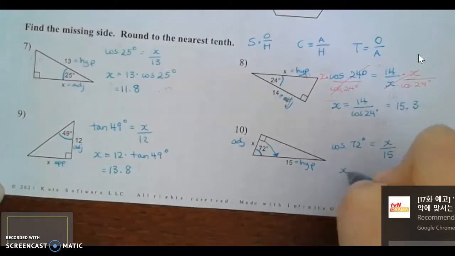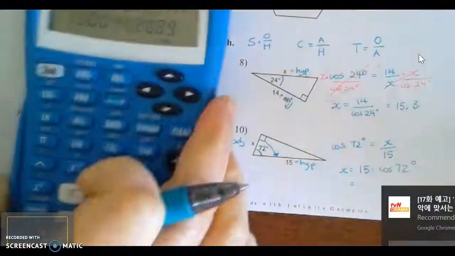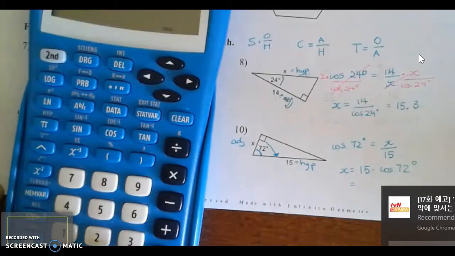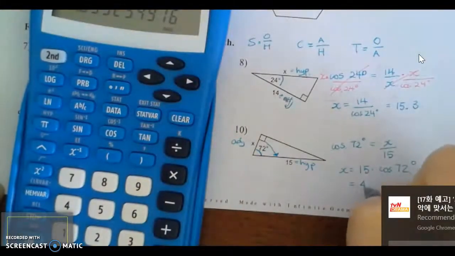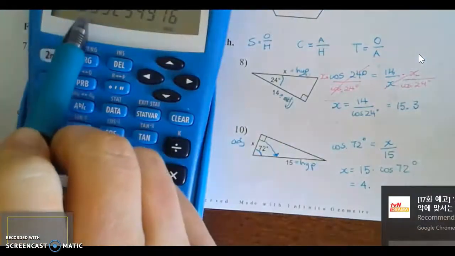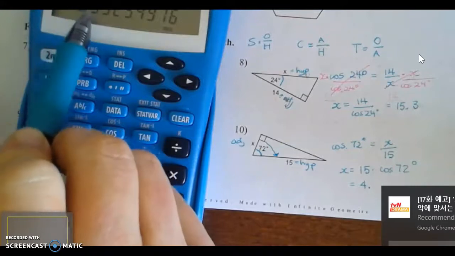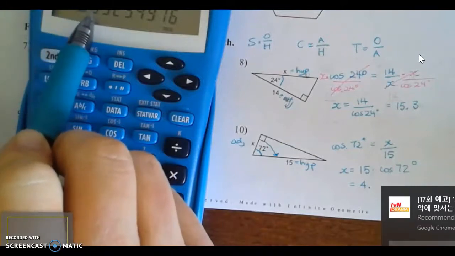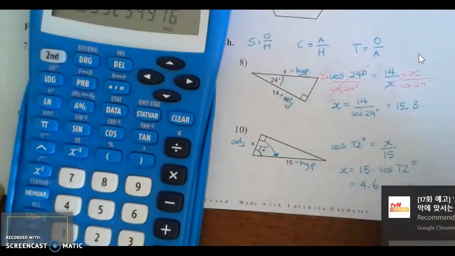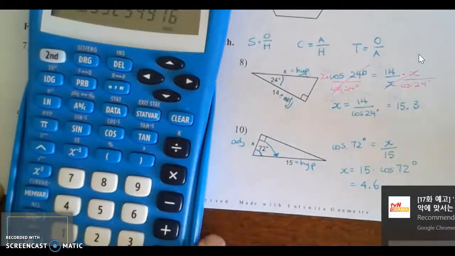So x is going to be 15 times cosine of 72 degrees, and that is 4.6. And again, cut off after the 6. Consider what the next digit is. 3 is less than 5, so we leave the tenth digit as it is. So the correct answer is 4.6.